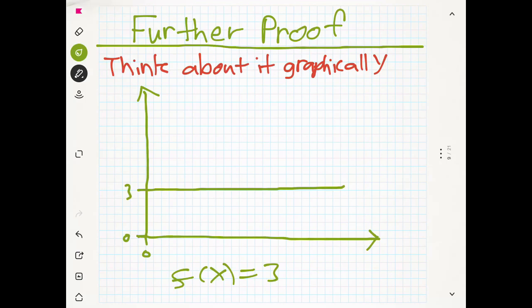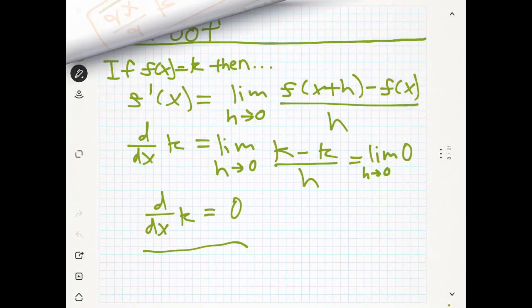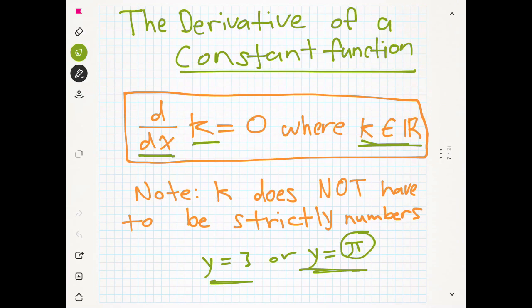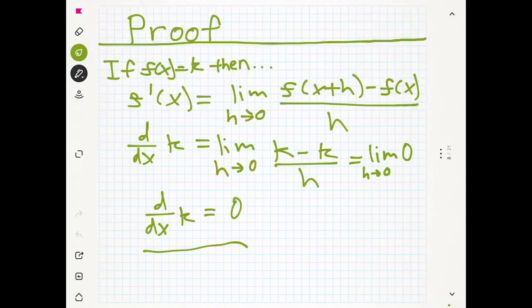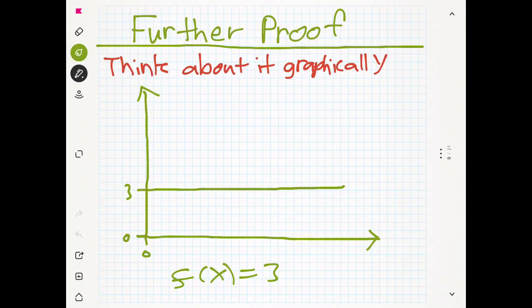If you can recall, the derivative is finding the slope of the tangent line. Even when we look at this graph, it's never changing. There is no rate of change. A slope is a rate of change, and there is no rate of change because it's a flat line. For example, on this point, let's say this is x is equal to 1.